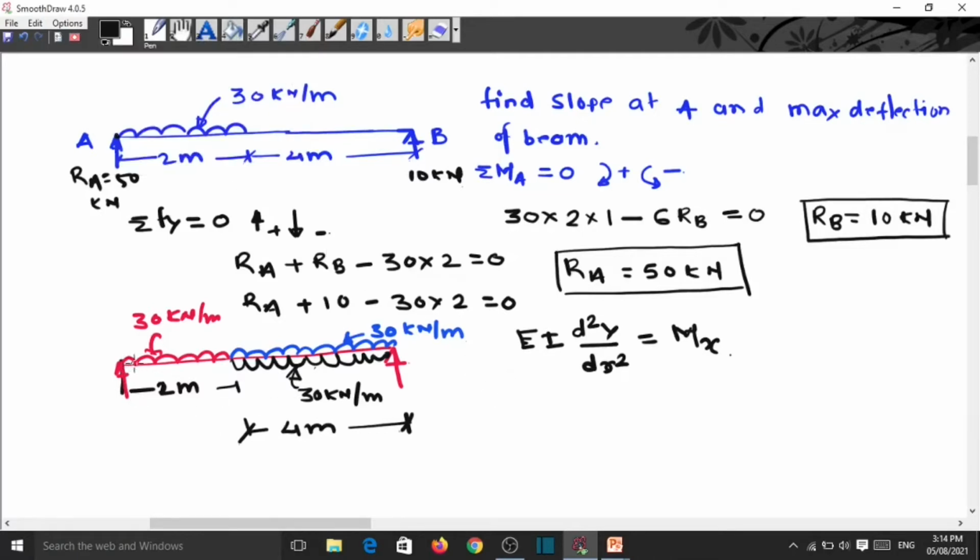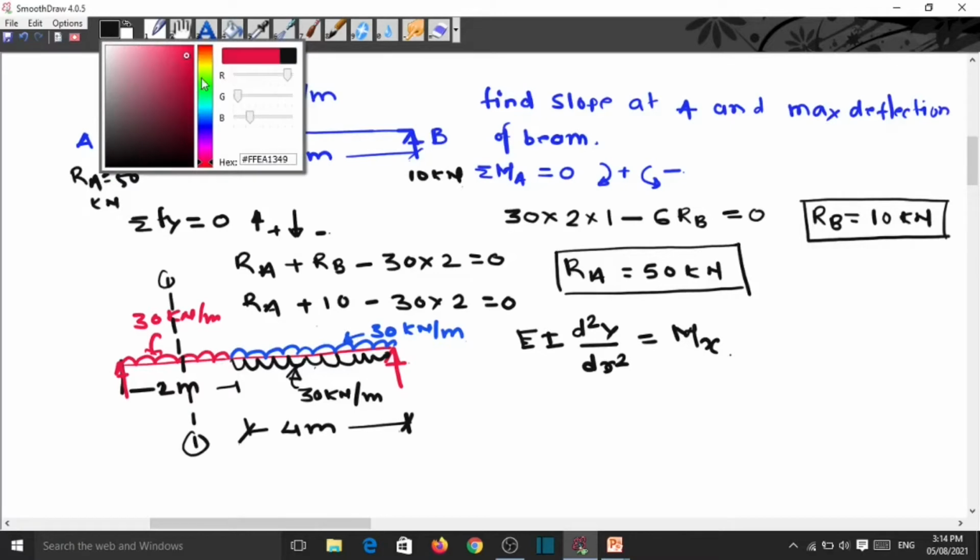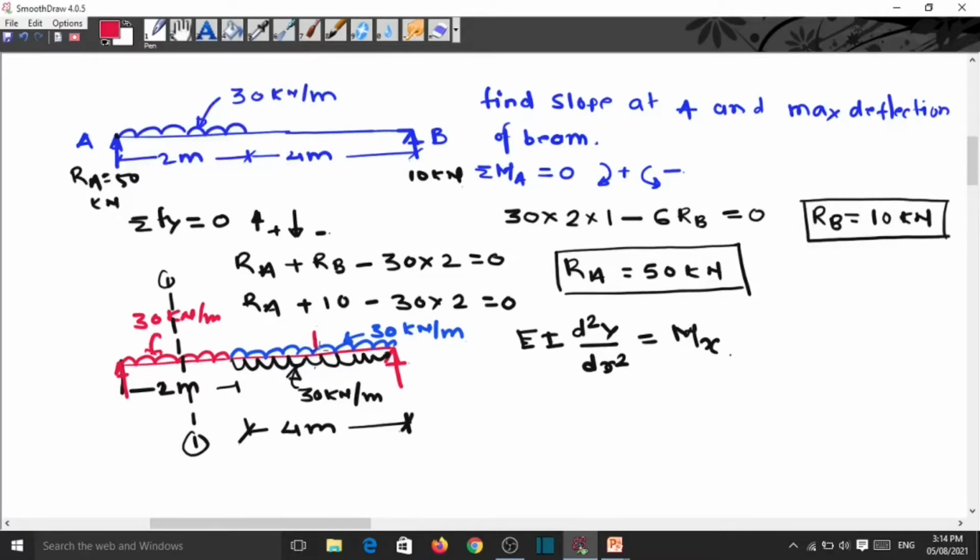This is the first section, and after this 2 meters, the load has to be changed. So here we again apply a section. This is the second section, section 2.